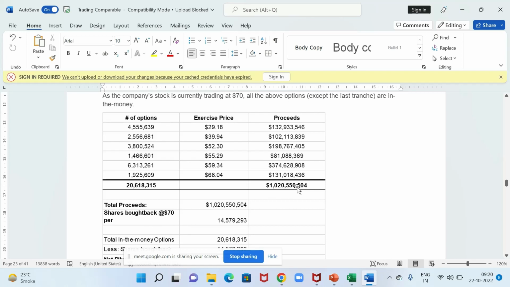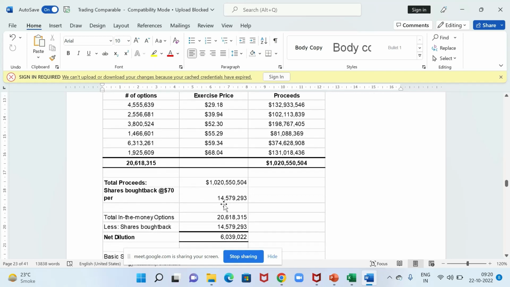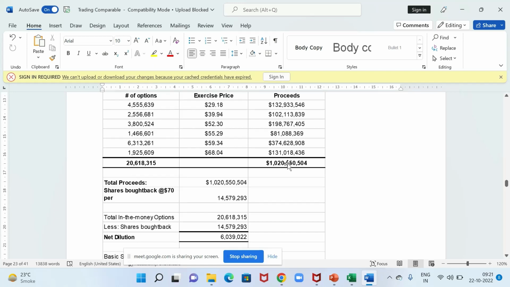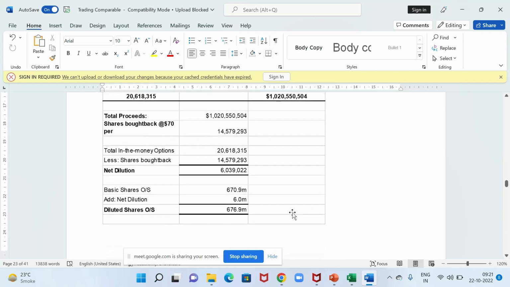So 1 billion divided by 70 will give you 14 million, the number of shares the company will be buying back. So 20 minus 14 gives me 6 million as my net. Earlier it was 20, but since I have used this money to procure my own shares, which turns out to be 14 million, my only dilution is net of this, which is 6 million.